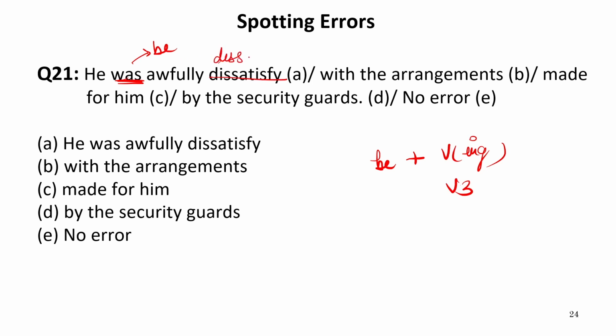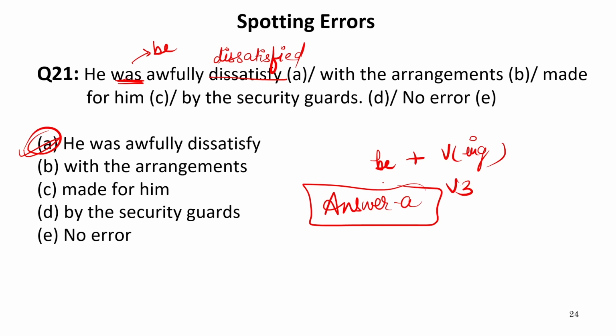So dissatisfied, this is a verb which is incorrect. It should be replaced with satisfied. Therefore, the error is in part A. So our answer is A. This is again very correct. We need verb third form over here because the given sentence is in past passive voice.